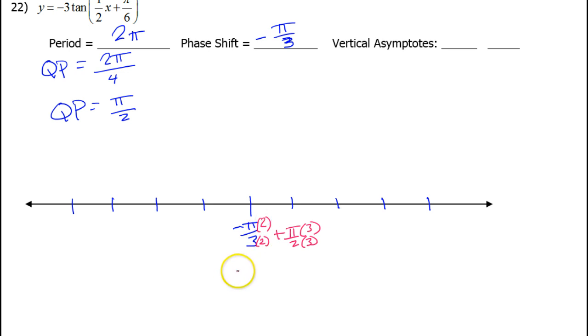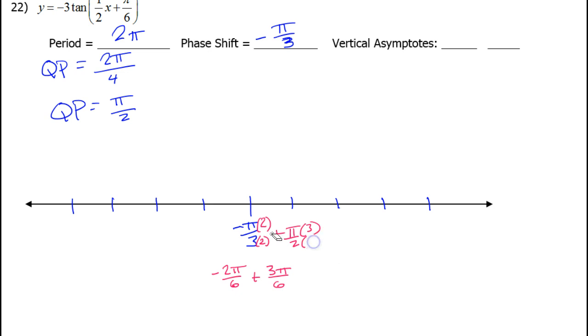So that is going to give me negative 2 pi over 6 plus 3 pi over 6. Okay, and that should give me my next value.